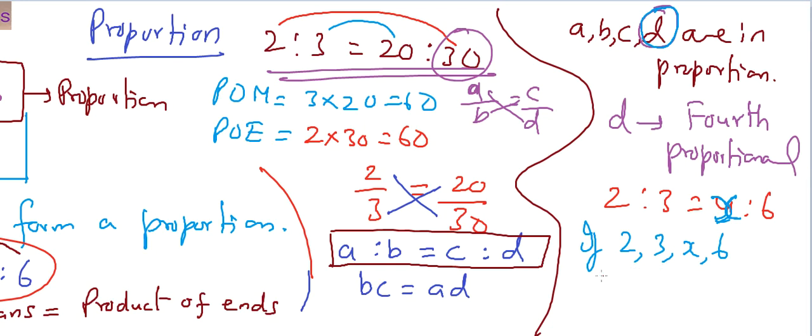That means 3 into x is equal to 2 into 6, that is 3x is equal to 12. So x is equal to 12 by 3, which is 4. See, we found the value of x here. So x is equal to 4.